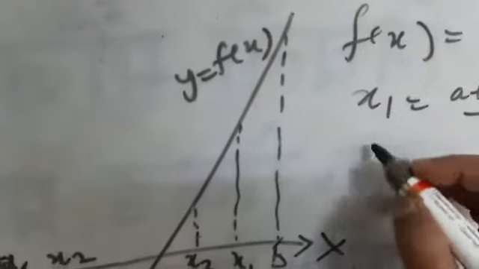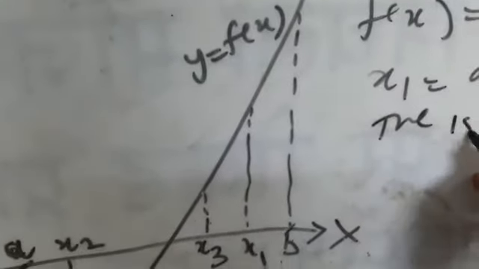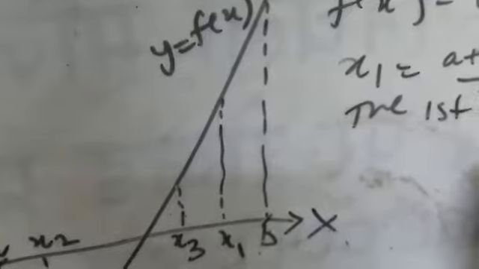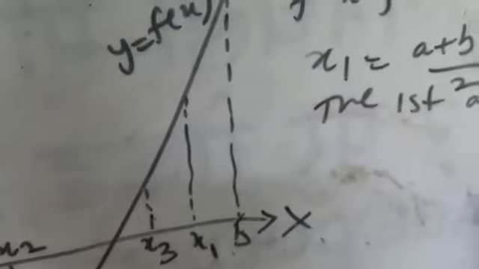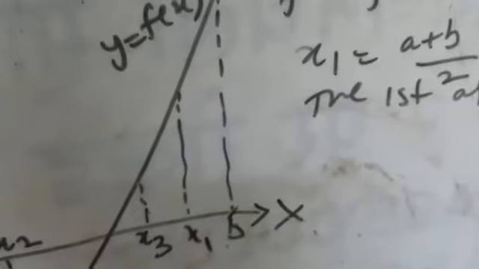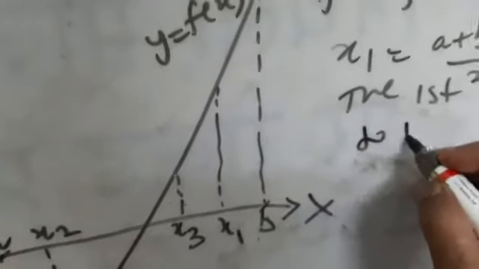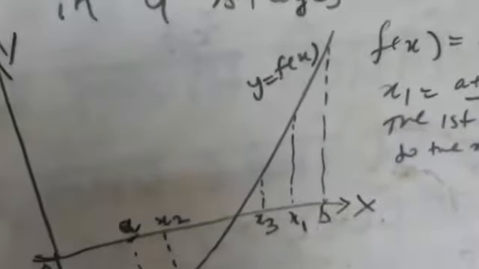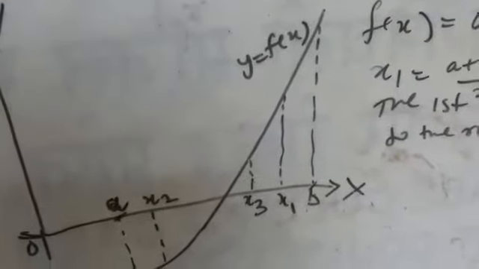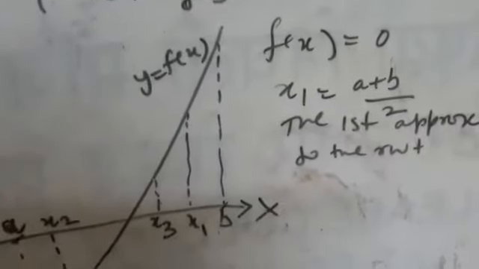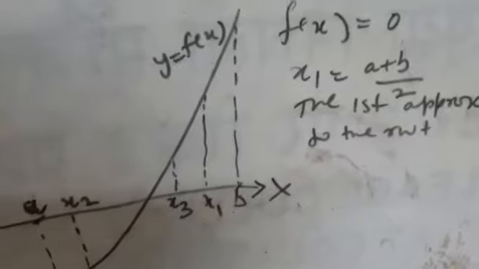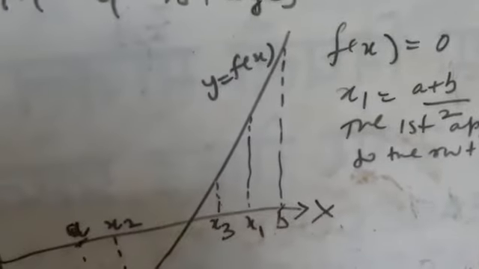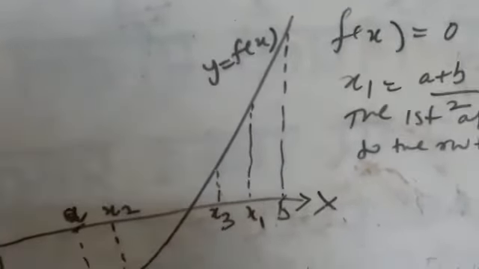The first approximation to the root is x1, which is equal to (a plus b) by 2, if f(a) is negative and f(b) is positive.